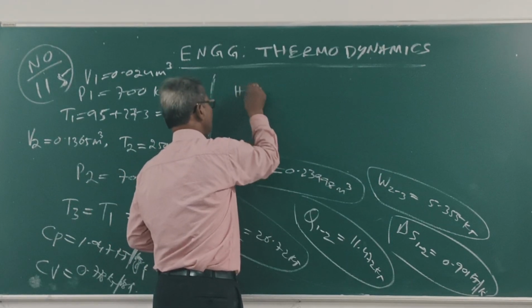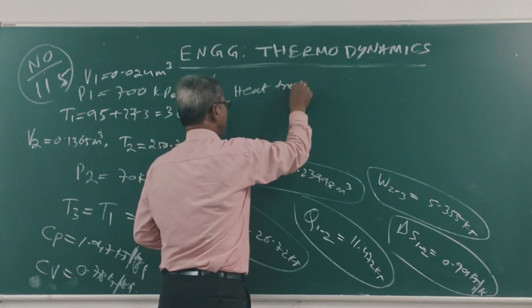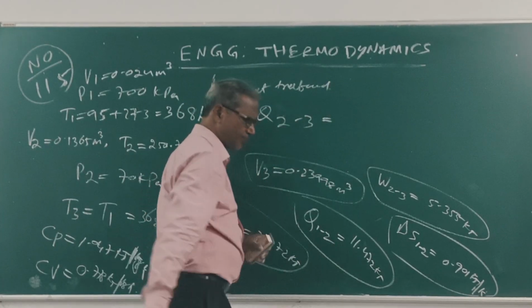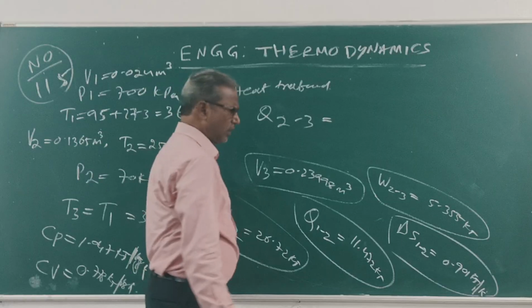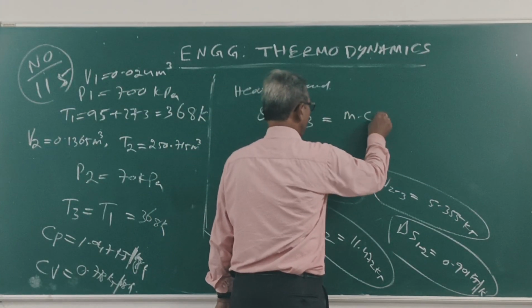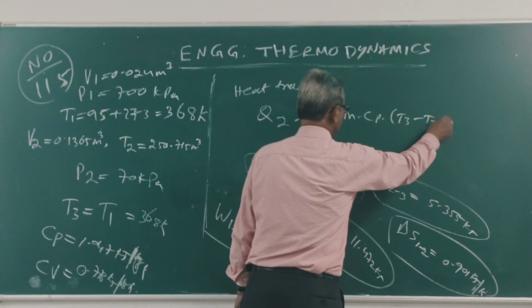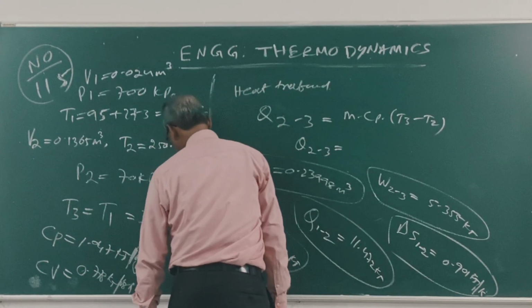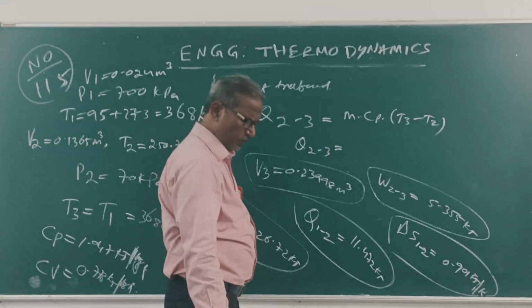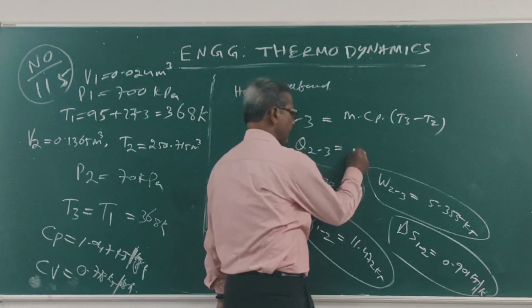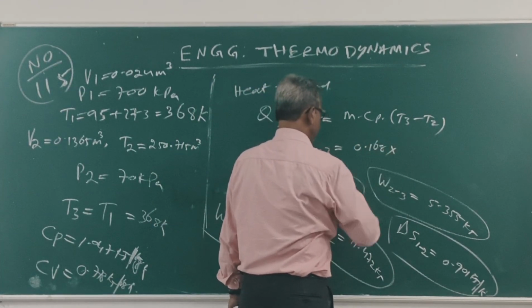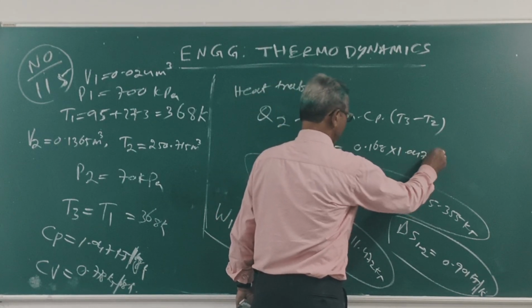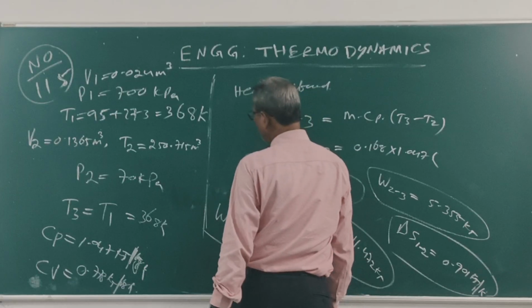Now heat transfer Q23. Q23 is equal to m Cp (T3 minus T2). So m is equal to 0.168, Cp is 1.047, T3 minus T2.